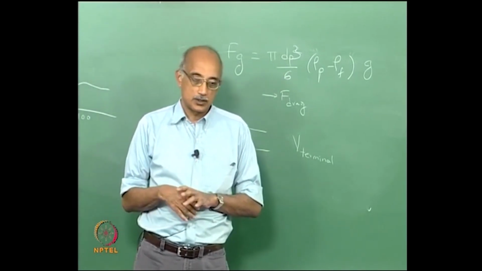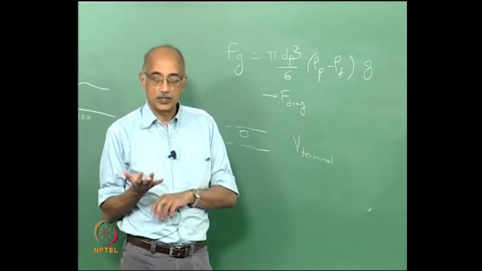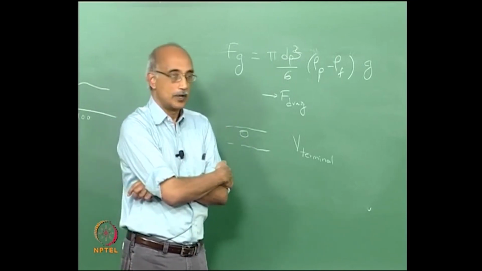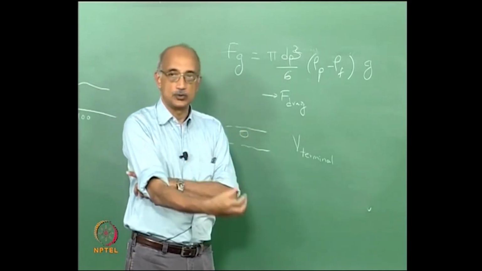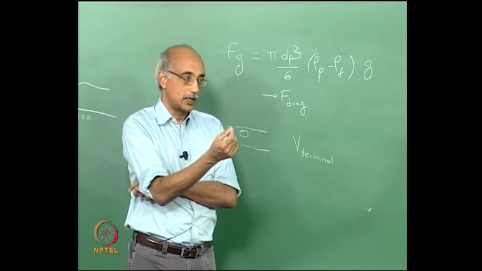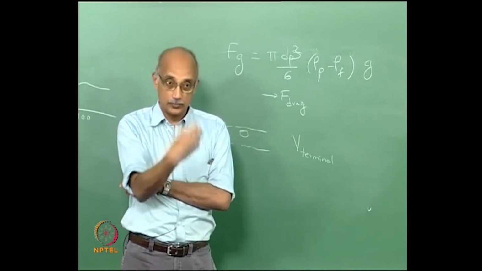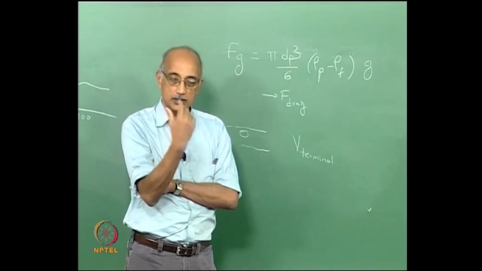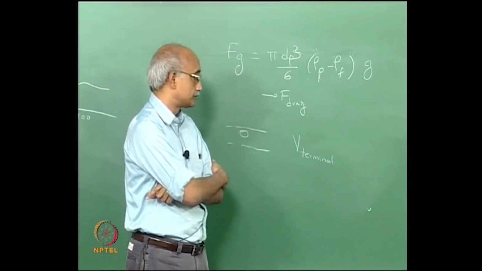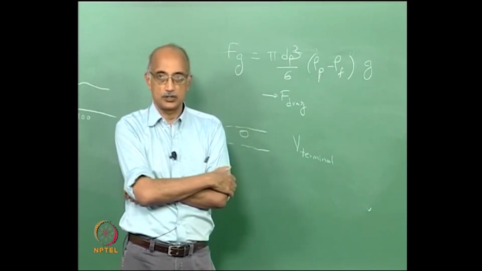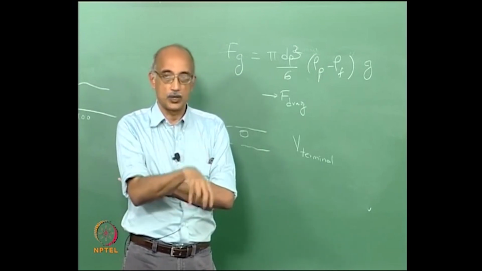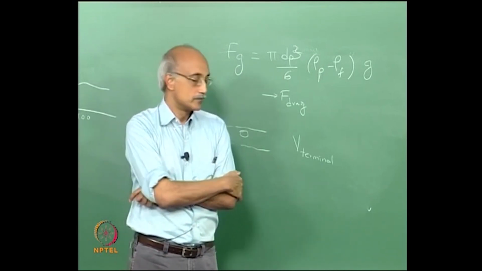That is the terminal or settling velocity that the particle will reach when it is, for example, dropping through a fluid and being subjected to a body force that pulls it down and a drag force that is trying to resist the motion of the particle under the body force.